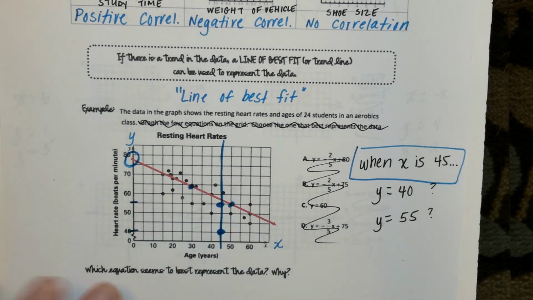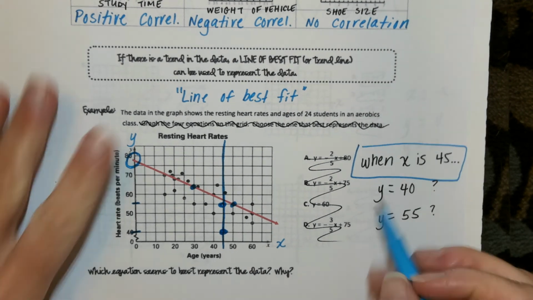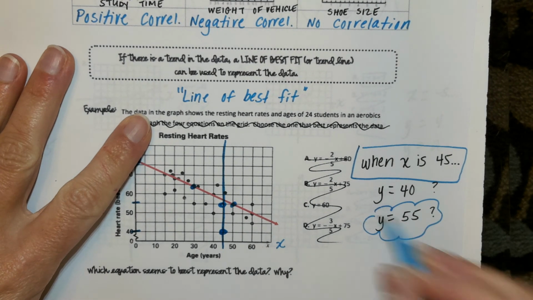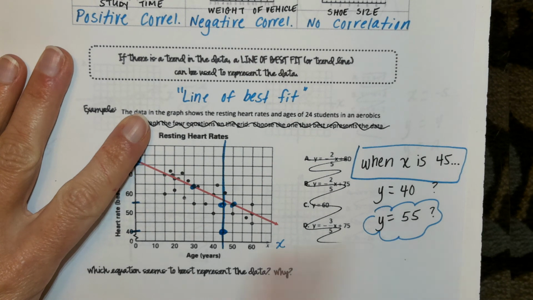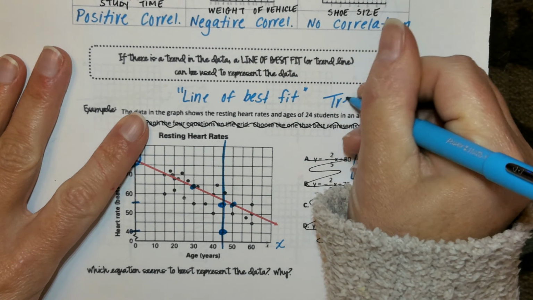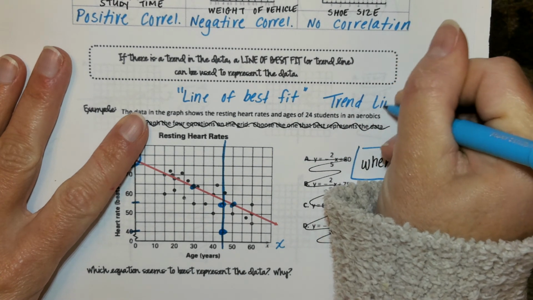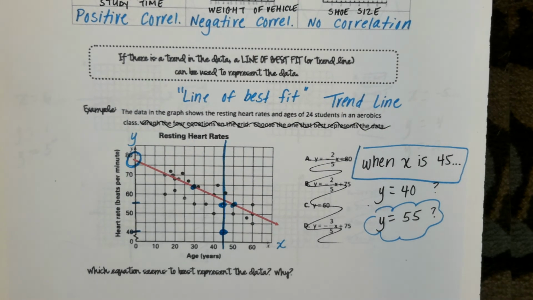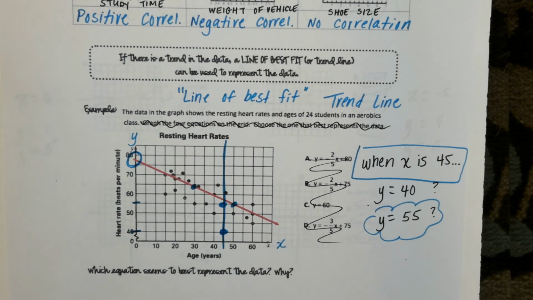Now the question is, on this line, would it make more sense for the Y value to be 40, which would be right here, that would be this point, or would it make more sense for Y to be 55? Y is 55 right here, which would be this point. Which of those possibilities is closest to your line of best fit?